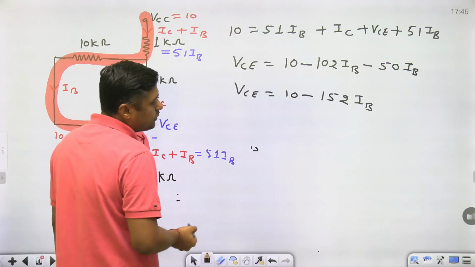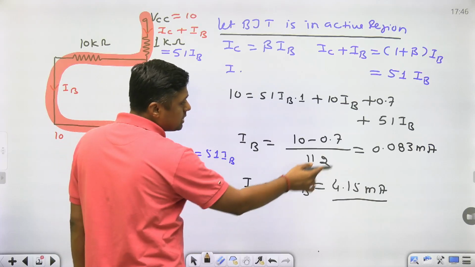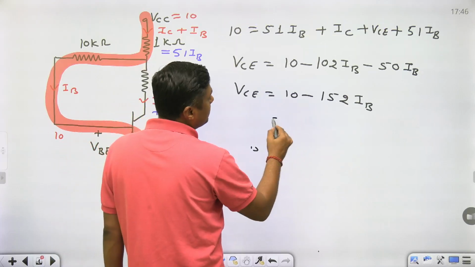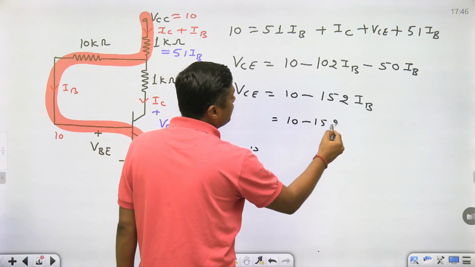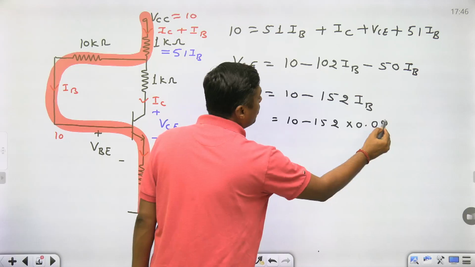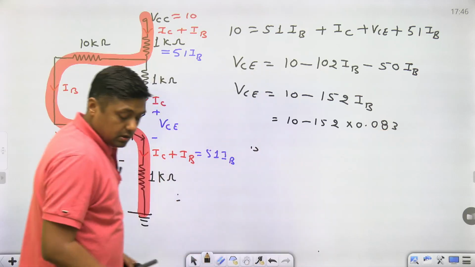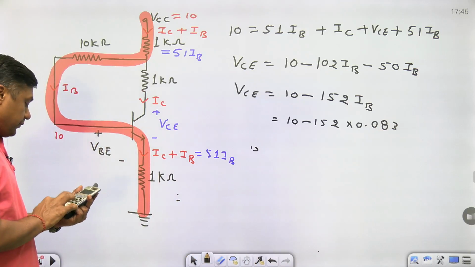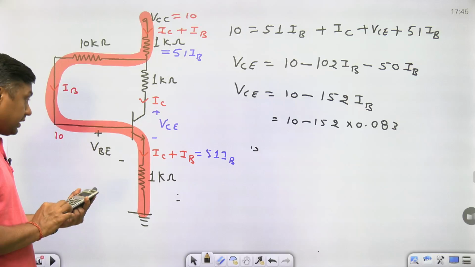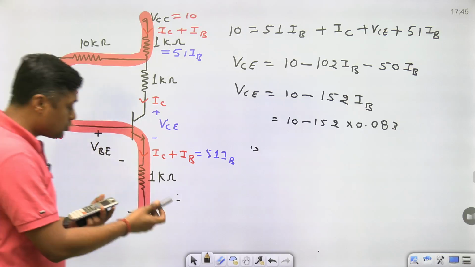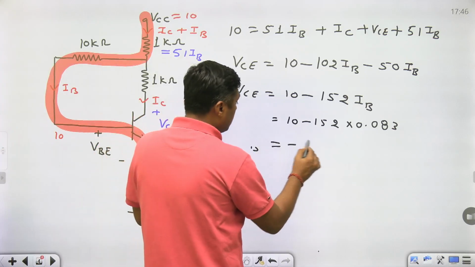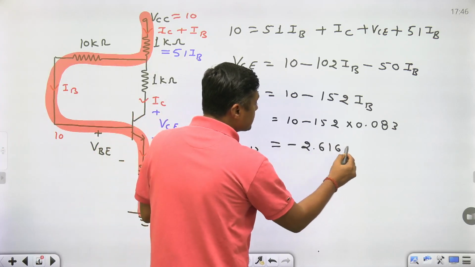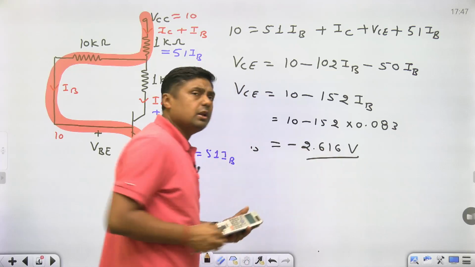What was the value of IB? IB was 0.083. Now you can put 152 into 0.083, guys. So what is the value of VCE? 10 minus 152 into 0.083, you are going to get the answer, minus 2.616 volt. Is it possible?